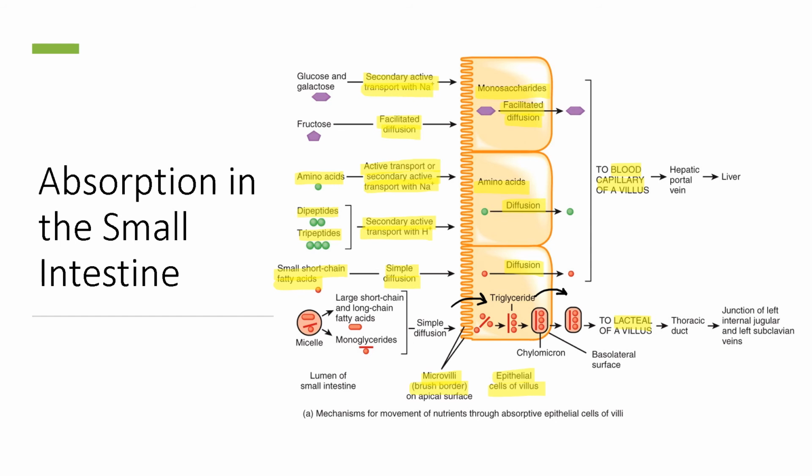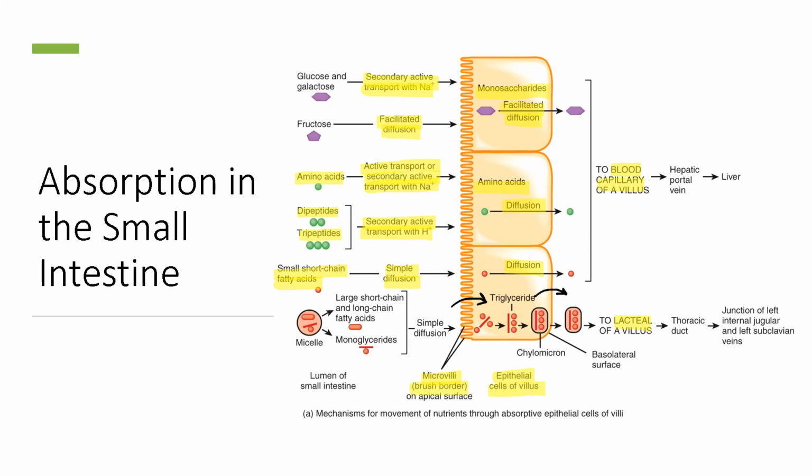Now, the last one we have to talk about here are these large short chain and the long chain fatty acids at the bottom of this figure. So besides their role in emulsification, bile salts also help to make large chain fatty acids become more soluble.